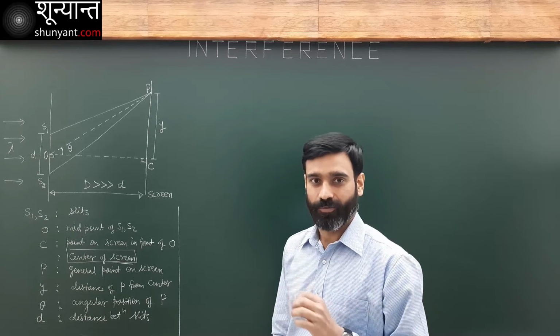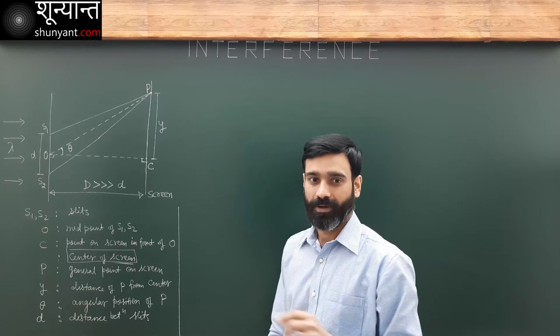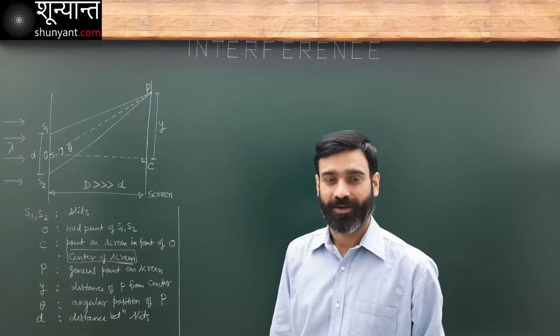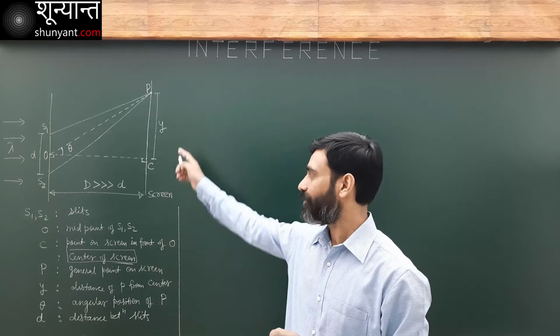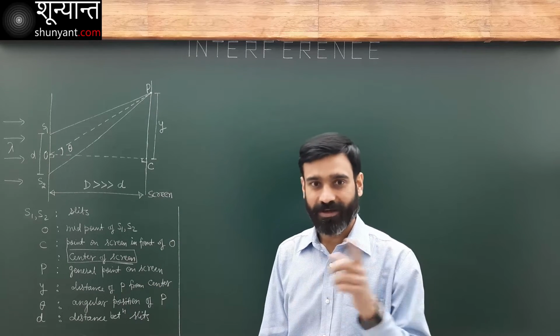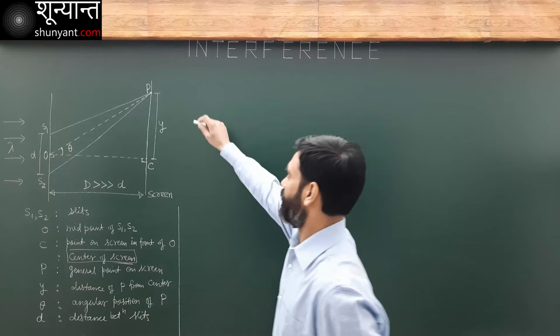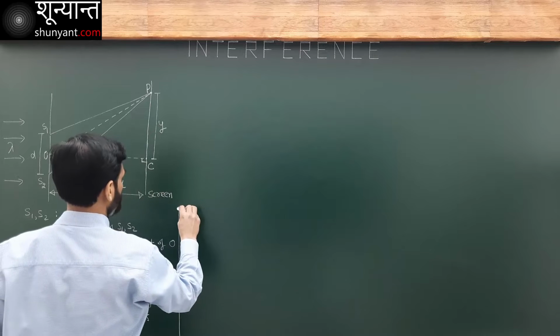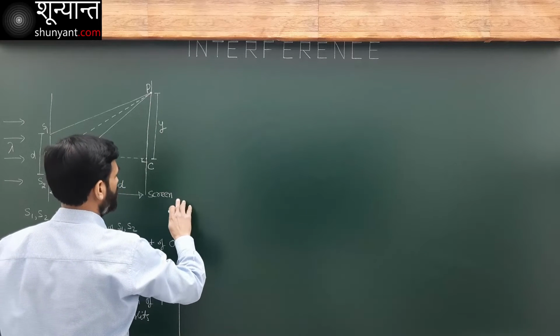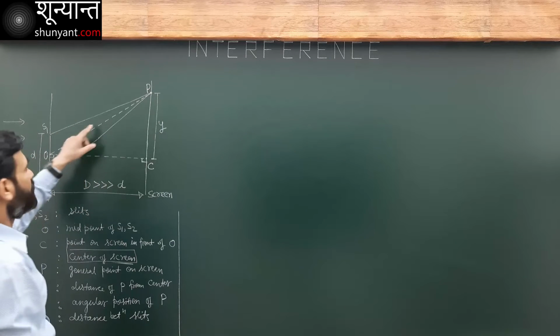Now what we are going to do? I want to find out where I will get dark fringe and where I will get bright fringe. So let's do it. Now at point P, both waves arrive.